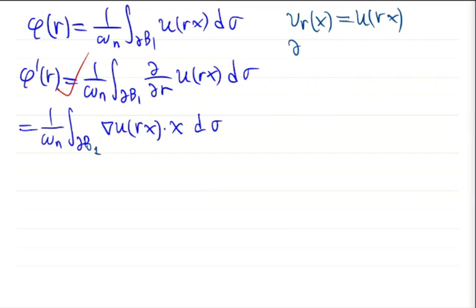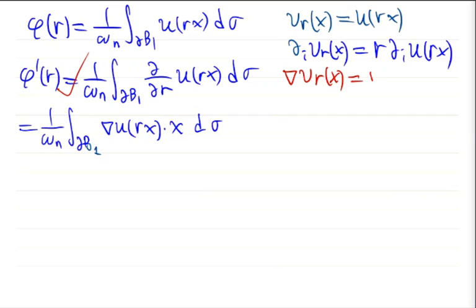So the partial derivative of Vr with respect to xi is obviously r di u(rx) by the chain rule. And also from this we know that the gradient of Vr at x is r times the gradient of u at rx.